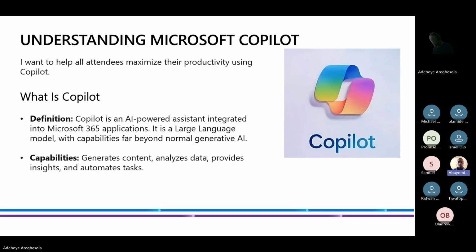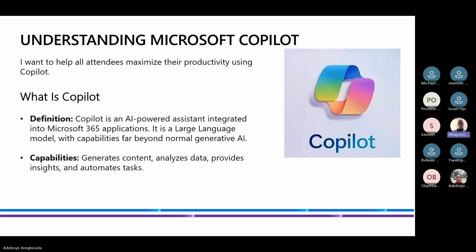So Microsoft Copilot is also an AI powered assistant integrated into Microsoft 365 applications. What works behind the scenes is the concept of a large language model, and it has capability far beyond normal generative AI. It's very good. It's an AI tool that one needs to embrace.